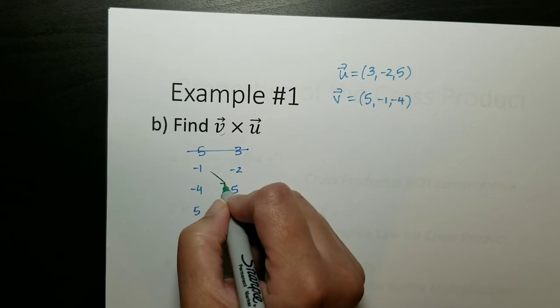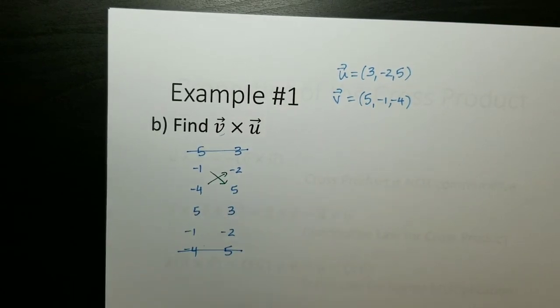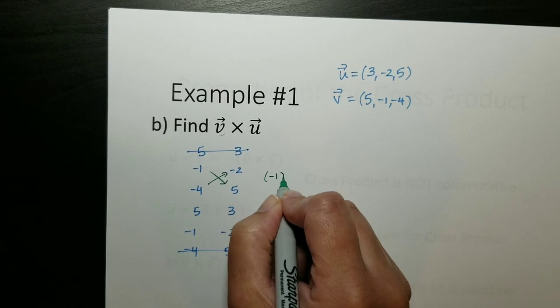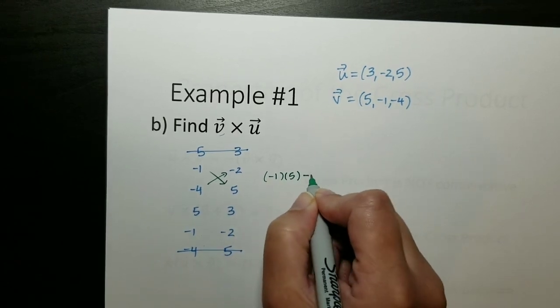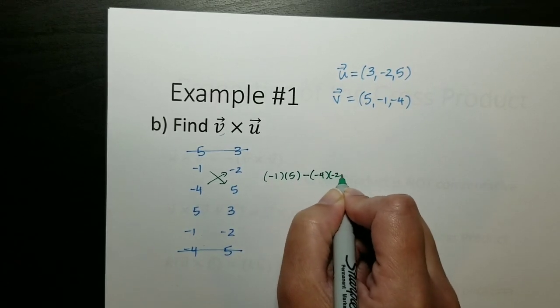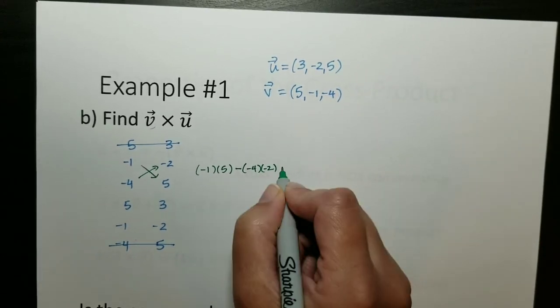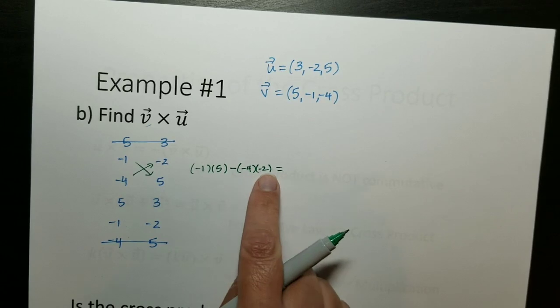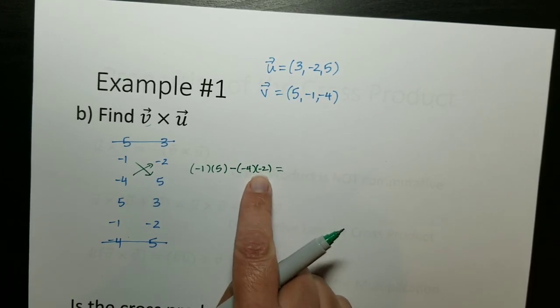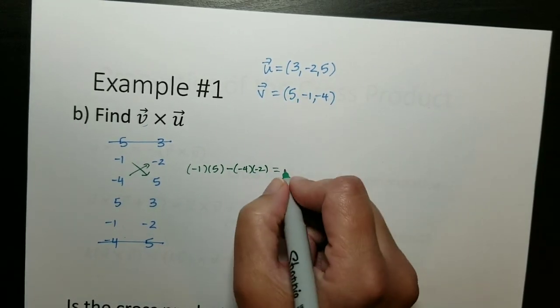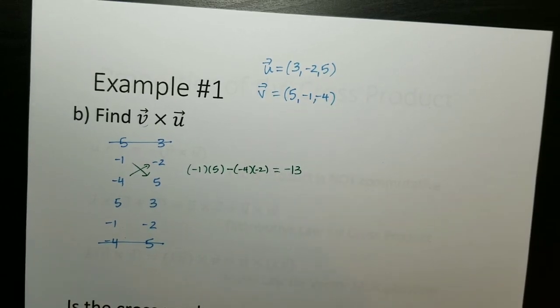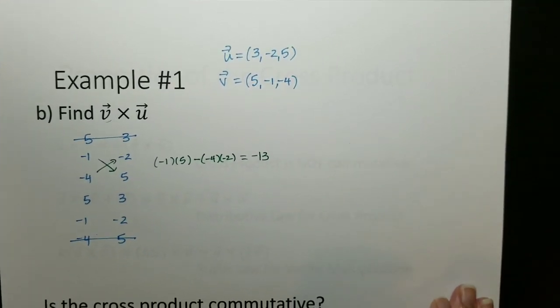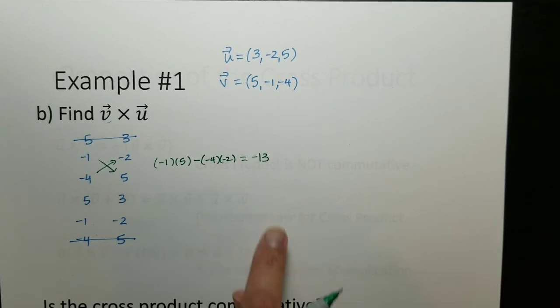Then I'm going to multiply downs minus ups. So here I get -1 times 5 minus -4 times -2. So -1 times 5 is -5 minus, this will multiply to +8. So -5 minus 8 is -13. And right away, if you're looking at your last answer, we see that this is not the same.